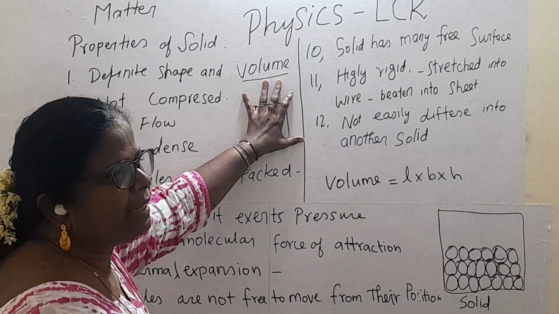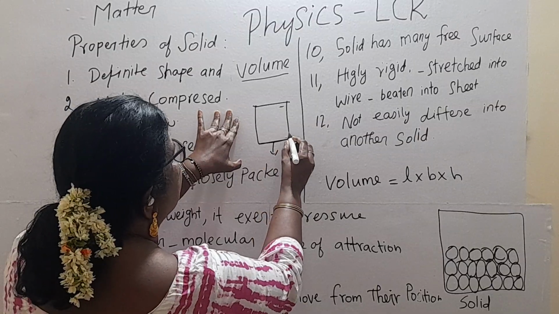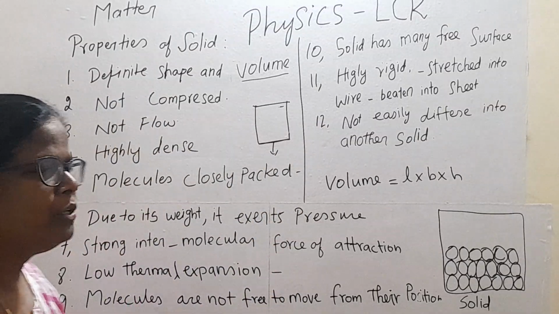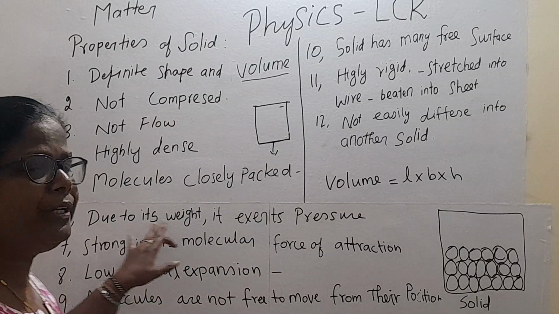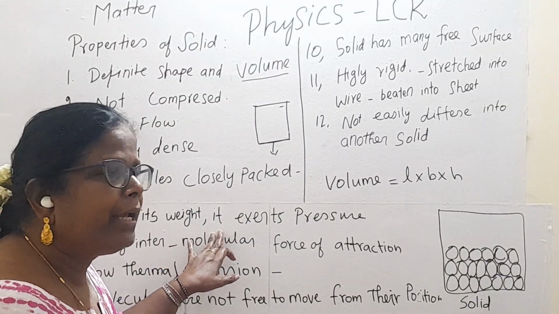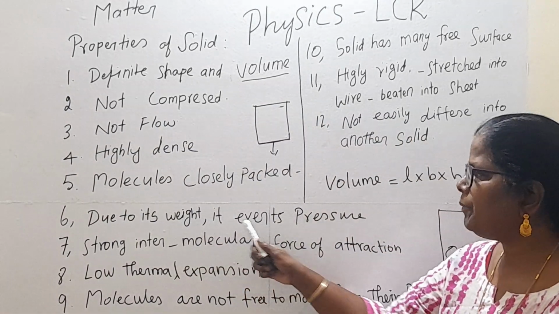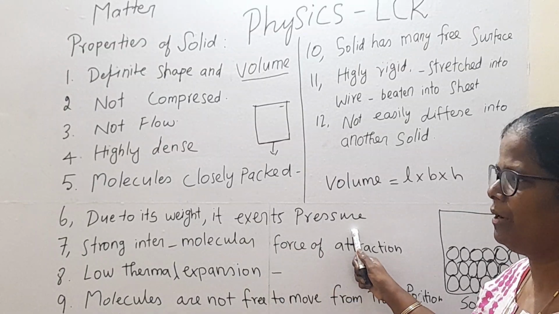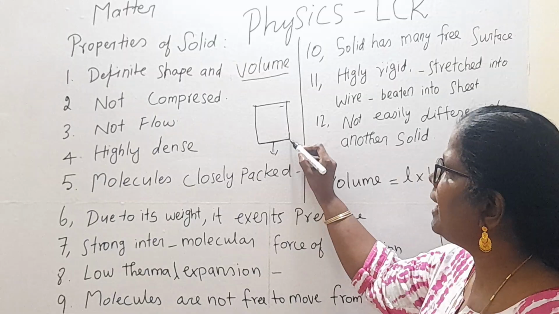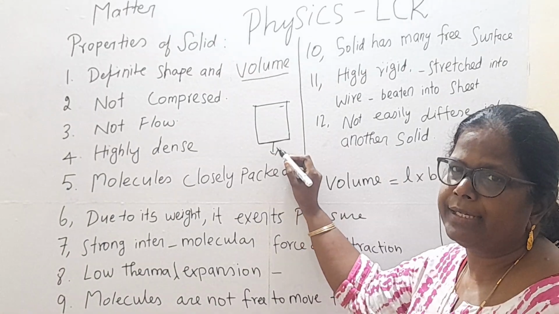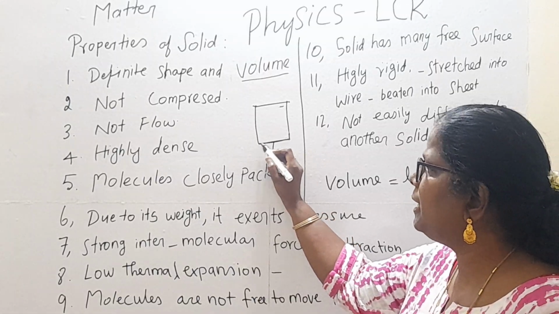This body has a weight that acts downward, so the base experiences pressure. The sixth point: solid exerts pressure due to its weight. Solid objects exert the pressure at the bottom.